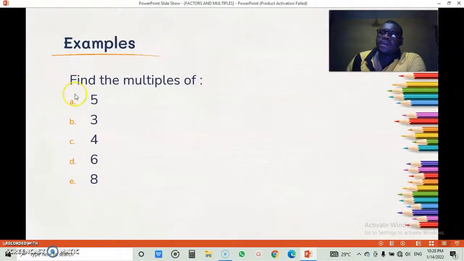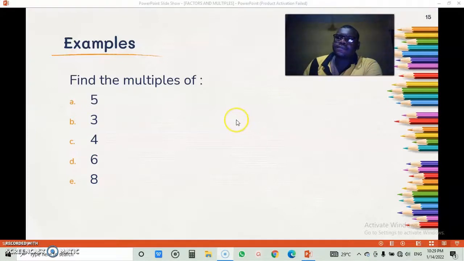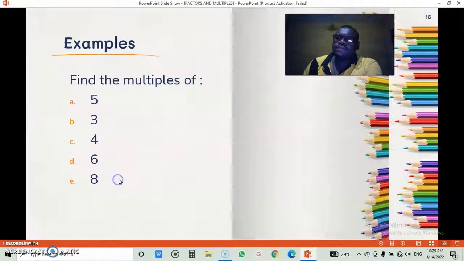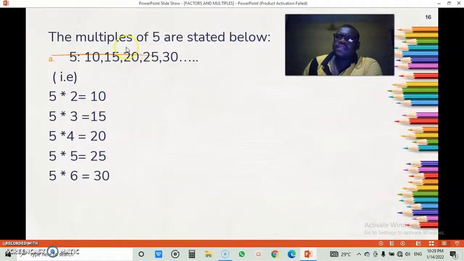Find the multiples of 5, 3, 4, 6, and 8. The multiples of 5 are stated below. We have 10, 15, 20, 25, 30, etc. up to infinity.